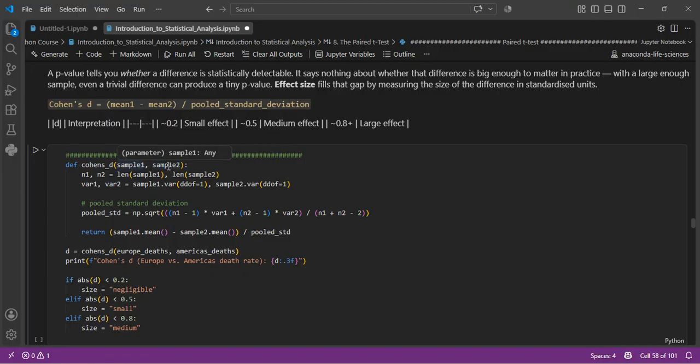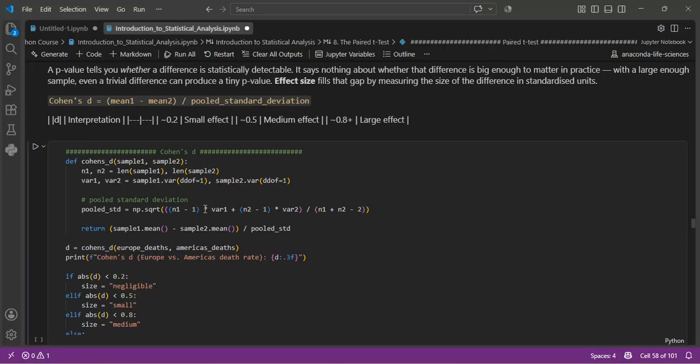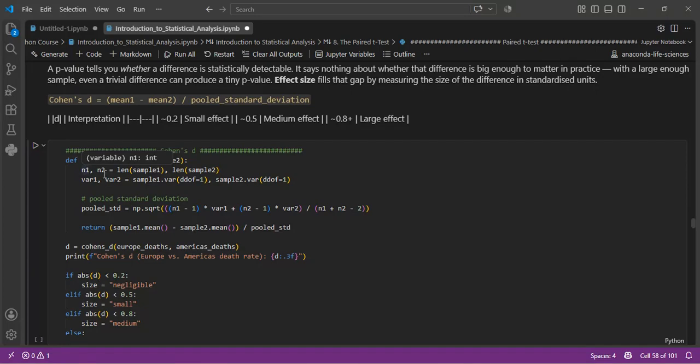The first parameter is sample1, which is one column, and the second parameter is sample2, which is the second column. We assign n1 and n2 to the length of sample 1 and the length of sample 2, and var1 and var2 to the variance of sample 1 and the variance of sample 2.